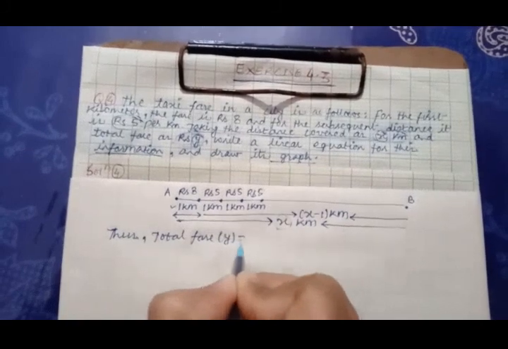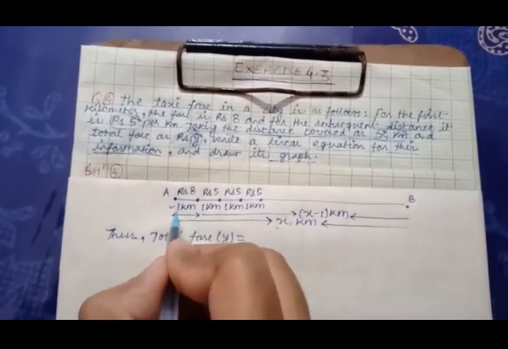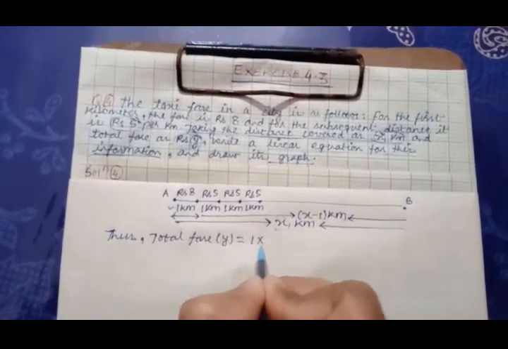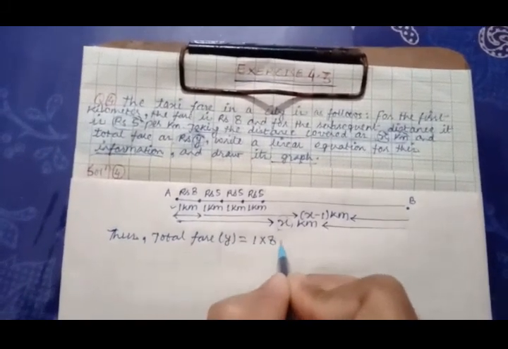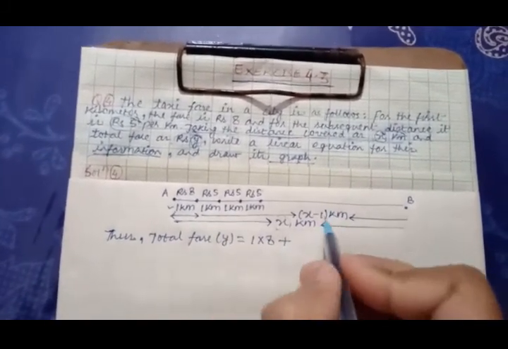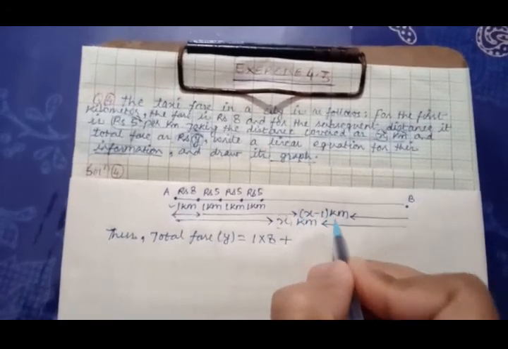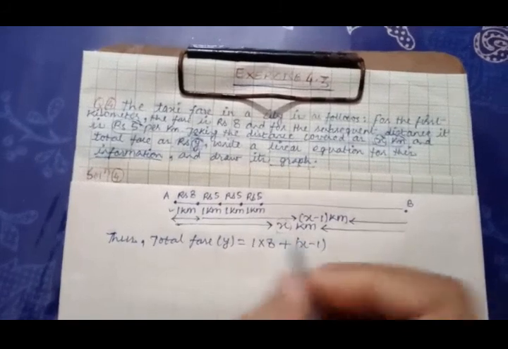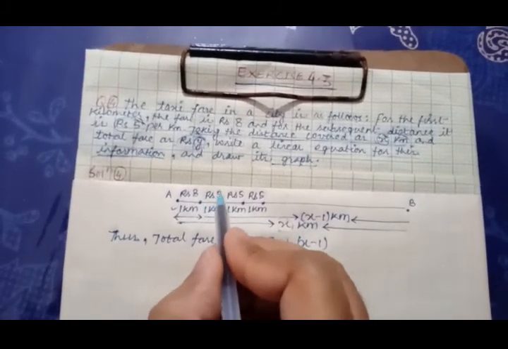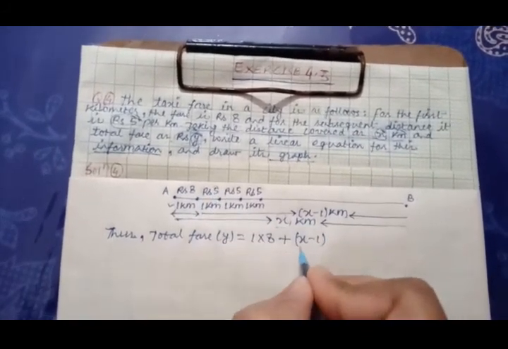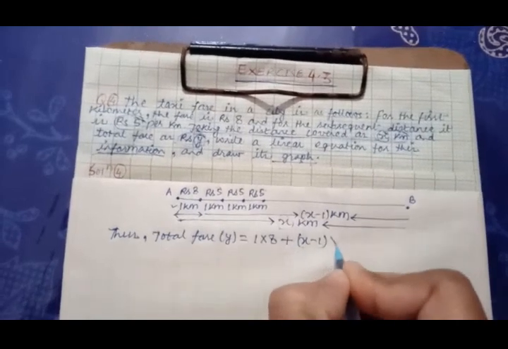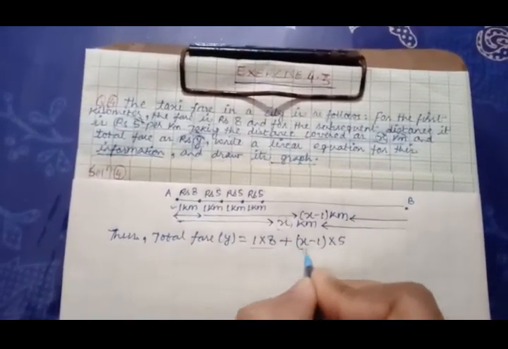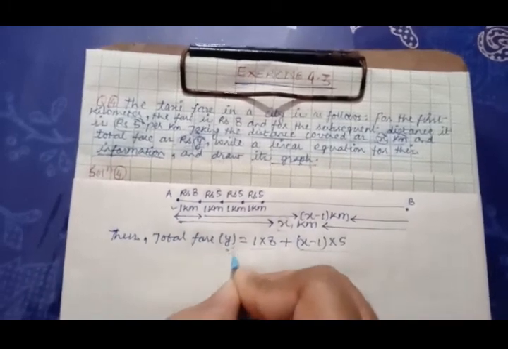y equal to, for first 1 kilometer rupees 8 is paid, so this is decided as 1 into 8. Similarly, the remaining x minus 1 kilometer is covered at the rate of rupees 5 per kilometer, so this is decided as x minus 1 into 5, and obviously their sum will be the total fare y.